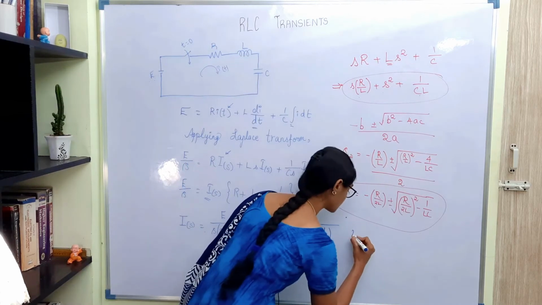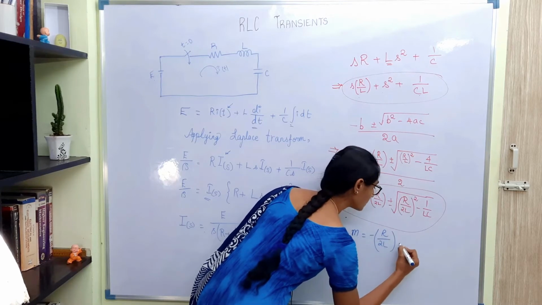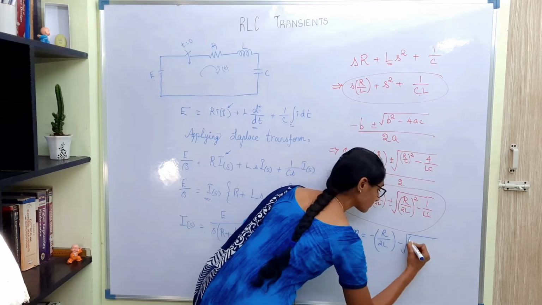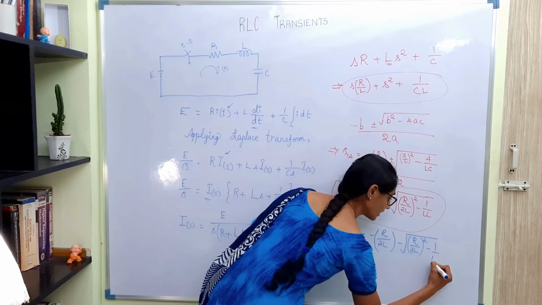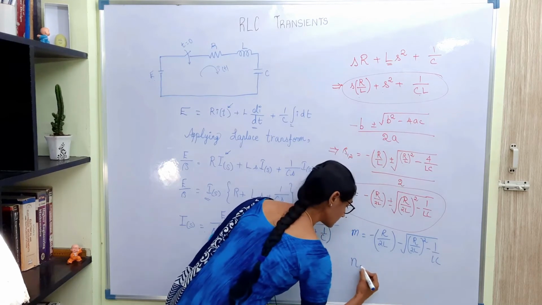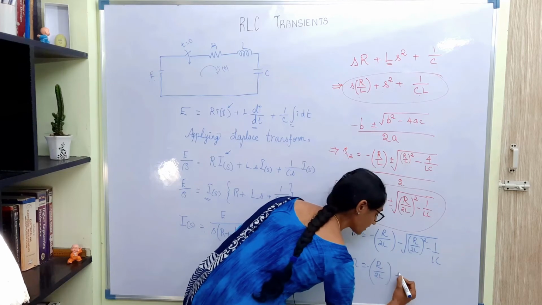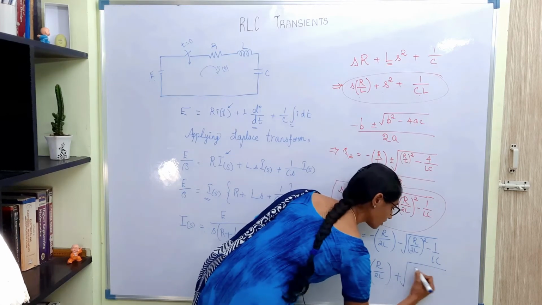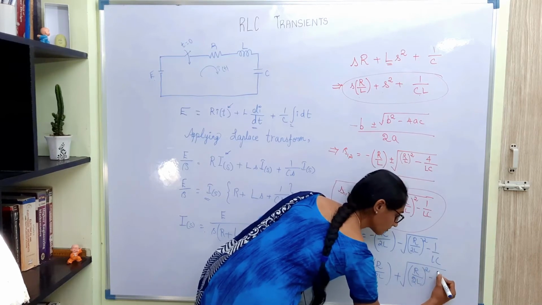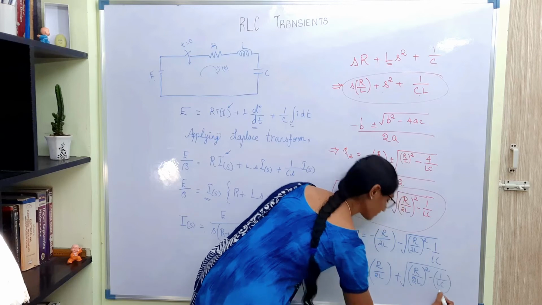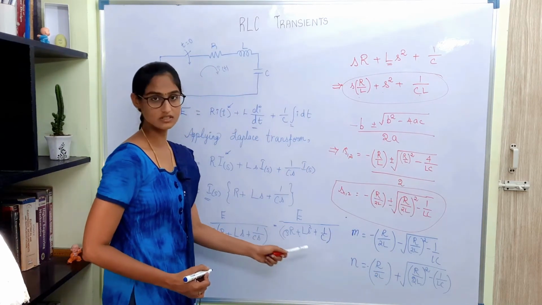I am putting m as minus r by 2l minus root of r by 2l whole square minus 1 by LC, and n as minus r by 2l plus square root of r by 2l whole square minus 1 divided by LC.